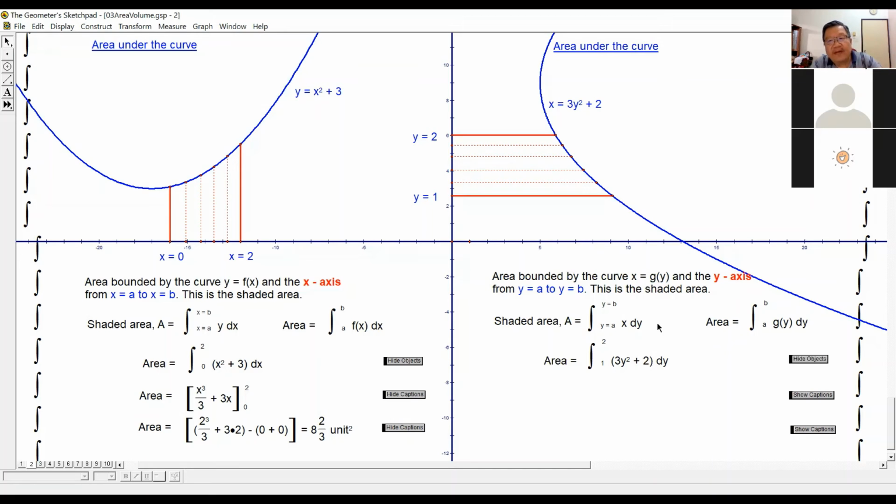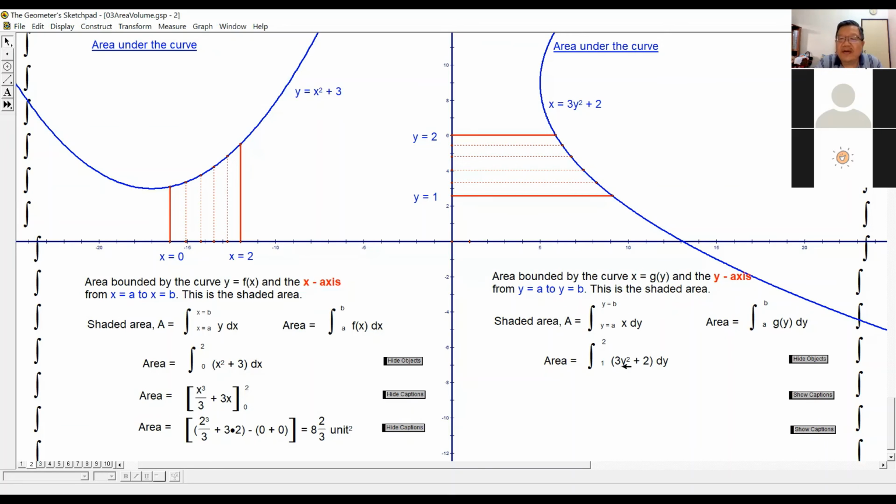Then everything that you see, then change to y, right? So I see here a and b. So this a and b, they come from the y-axis. So y equals 1 and y equals 2. And also the function x here, I change it to y, all in terms of y. So it's 3y squared plus 2, then integrate with respect to y. So everything changed to y.